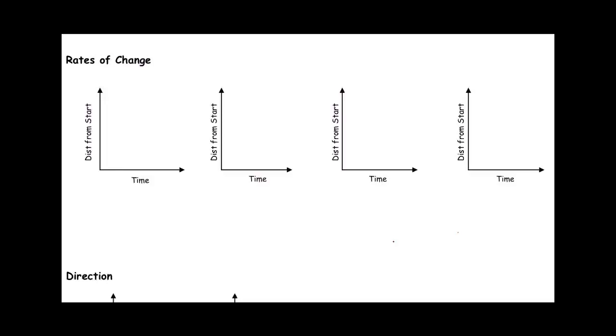So when we were walking at a constant rate, we noticed that we got a straight line. When we were walking at a non-constant rate, we actually got two different types of graphs. So I'm going to be more specific on these.